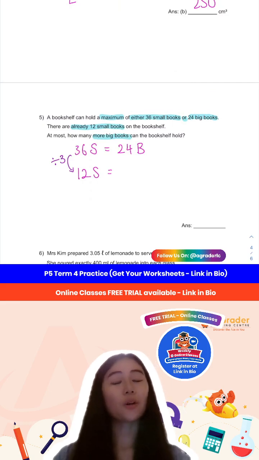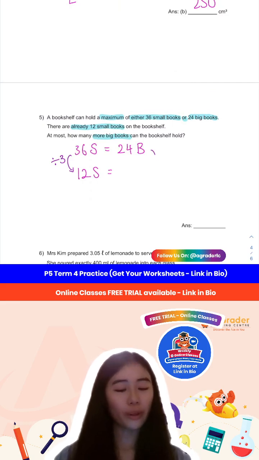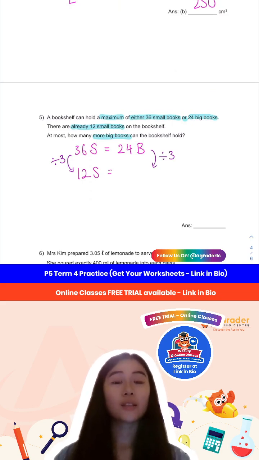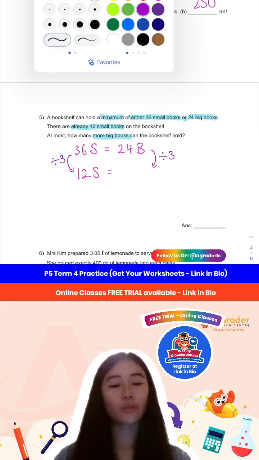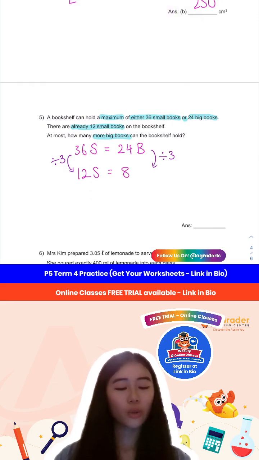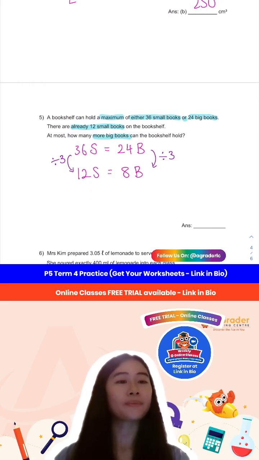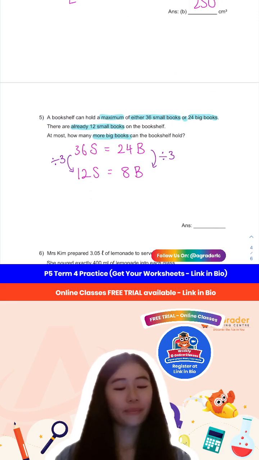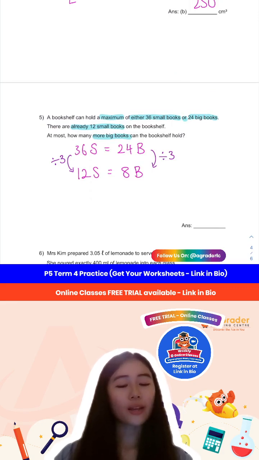So that means that on the other side, I'm going to divide by 3 as well. Like this. So 24 divided by 3 gives you 8 big books. So that means that this 12 small books, you can actually replace it with 8 big books instead.